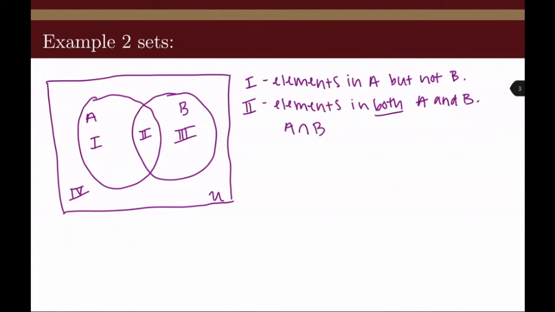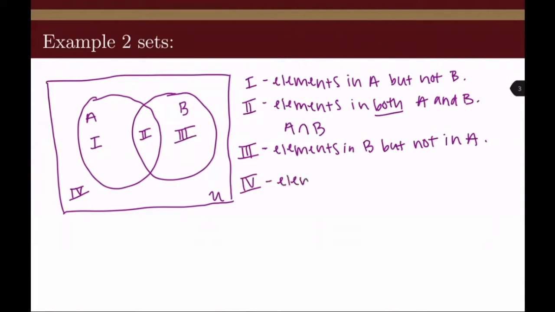Roman numeral 3 is where we have elements in B, but not in A. And then Roman numeral 4 are elements in U, but not in A or B.